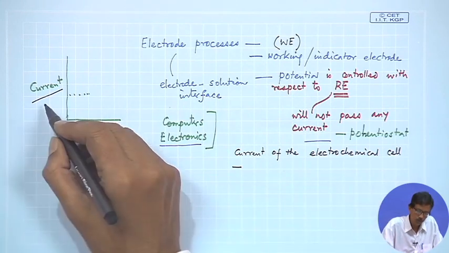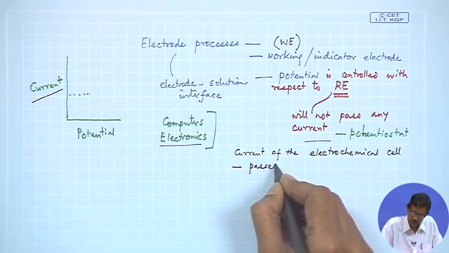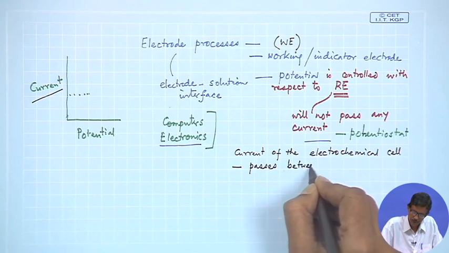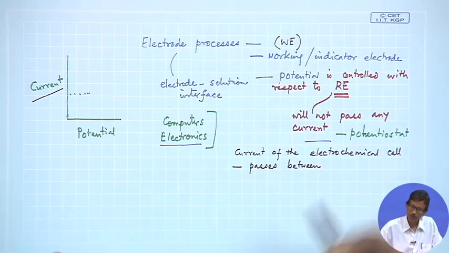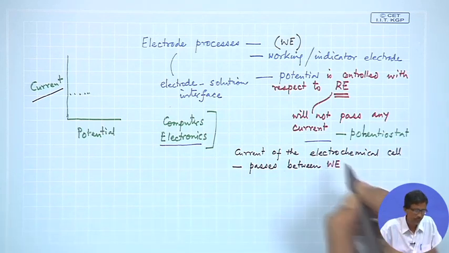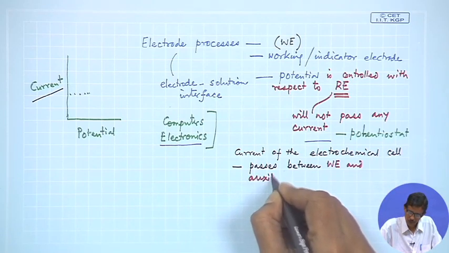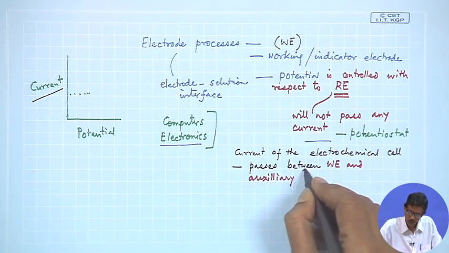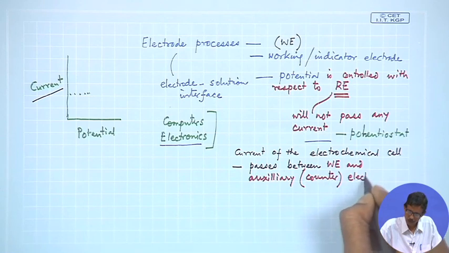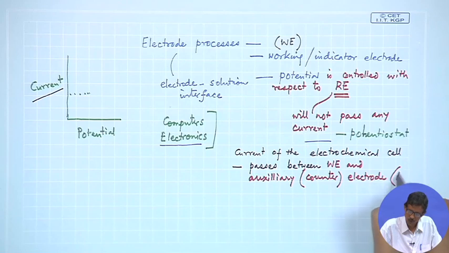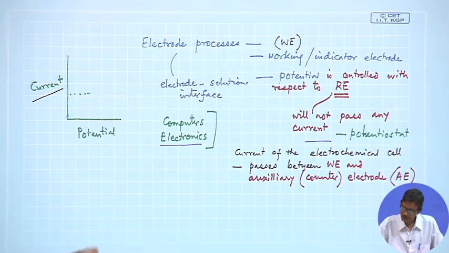So, the current which we are going to measure for this particular type of plot passes between the working electrode and the auxiliary electrode or counter electrode. If we consider AE as the auxiliary electrode, there something else will be there.